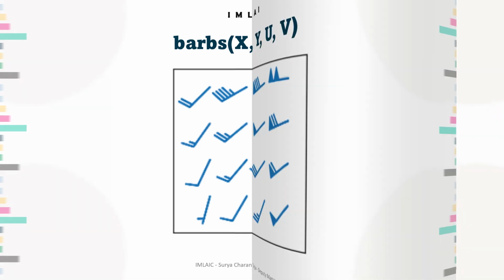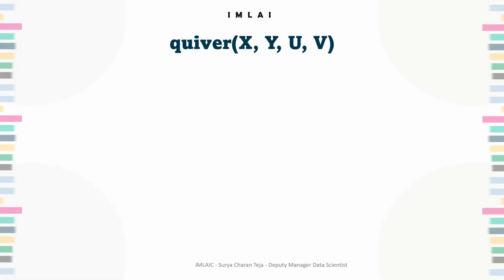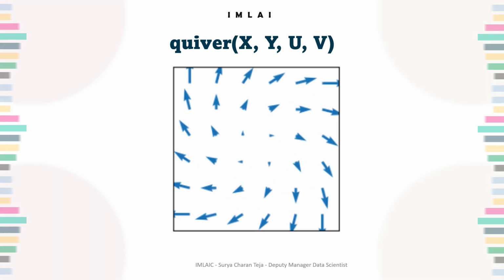Now it's time to take up much more complex and complicated plots. That's a quiver plot. A quiver of x comma y comma u comma v plots arrows with directional components u and v at the Cartesian coordinates specified by x and y.